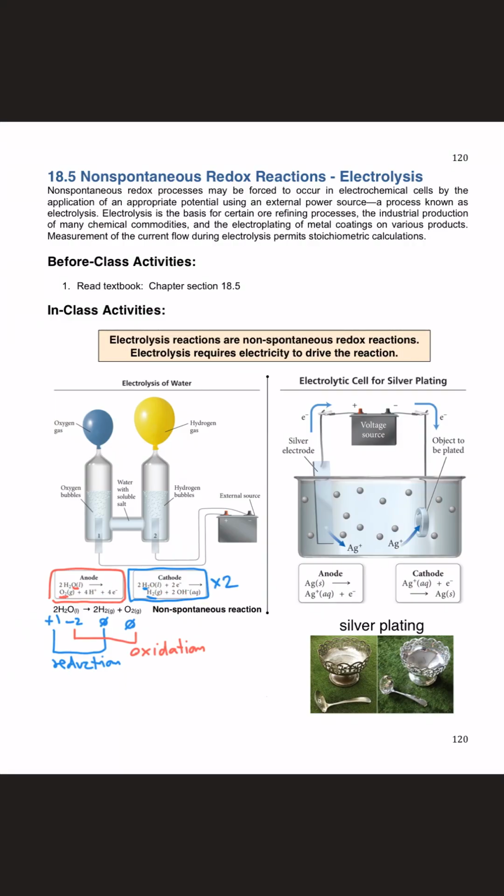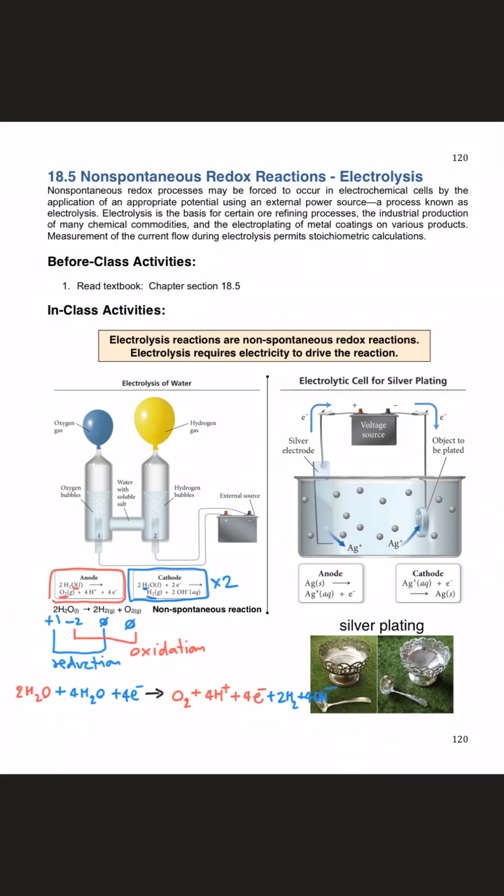If you do this, you get 2 water from the anode plus 4 water from the cathode plus 4 electrons, becoming oxygen gas from the anode plus 4 protons from the anode plus 4 electrons, plus 2 hydrogen gas from the cathode plus 4 hydroxide ions from the cathode.